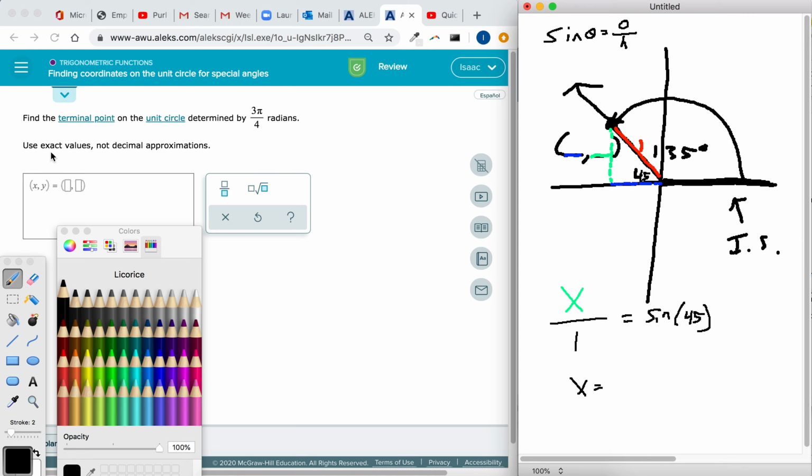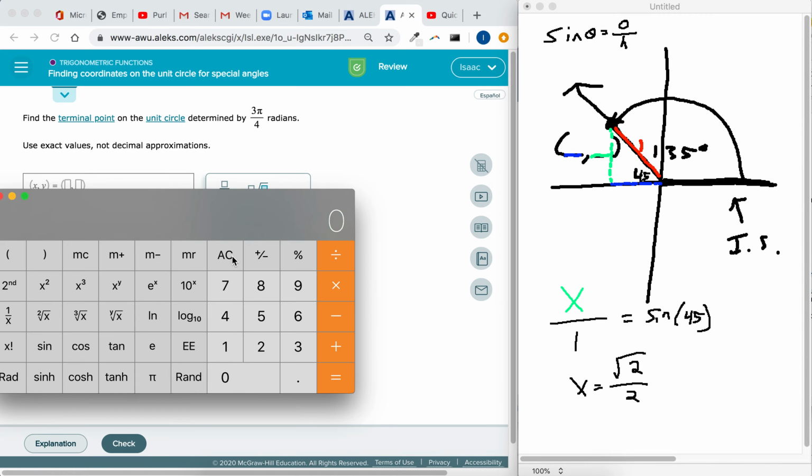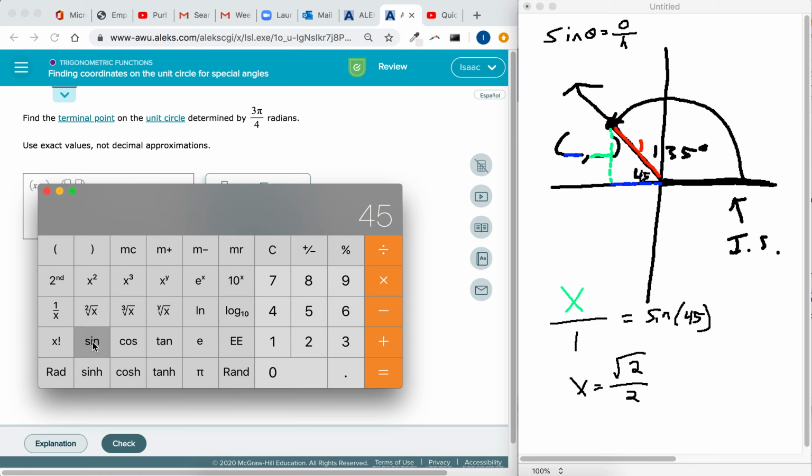Use exact values. Sine of 45 is square root of 2 over 2, and you can check that with a calculator. 45 degrees, hit sine. That's 0.707, but they asked us to use exact values, not decimals. If you take 2, square root it, divide by 2, that's 0.707.